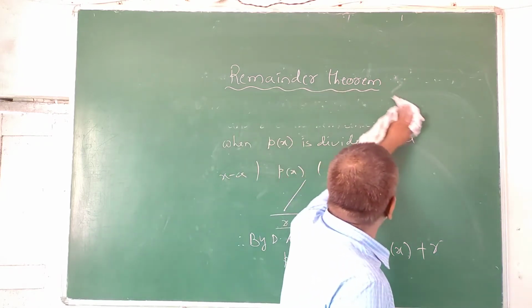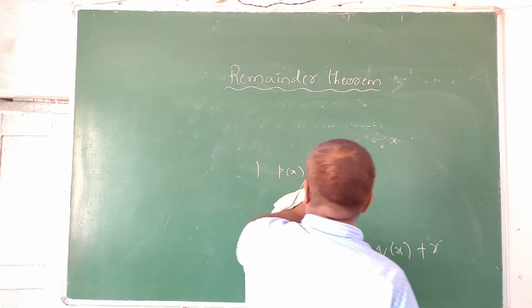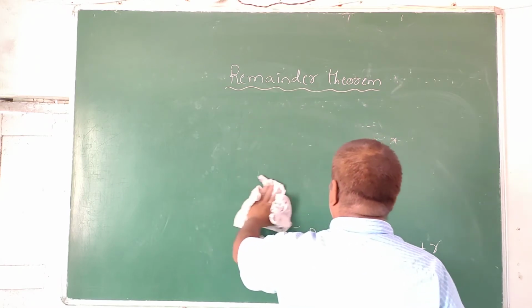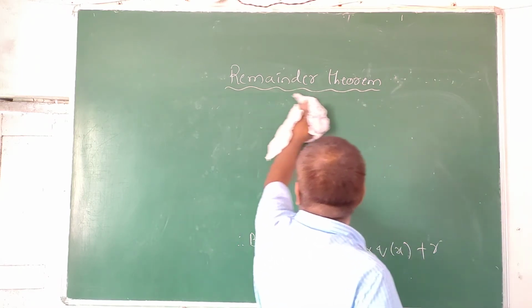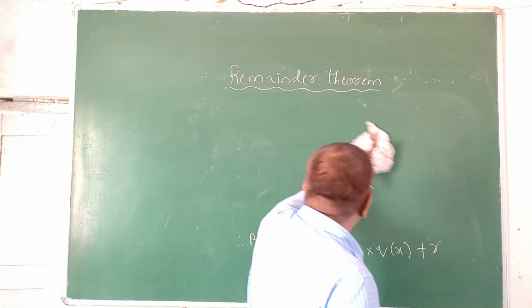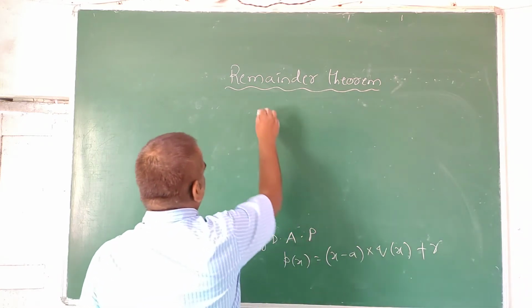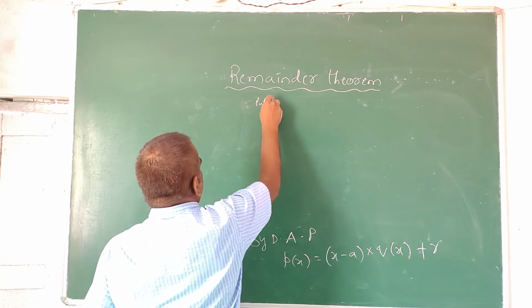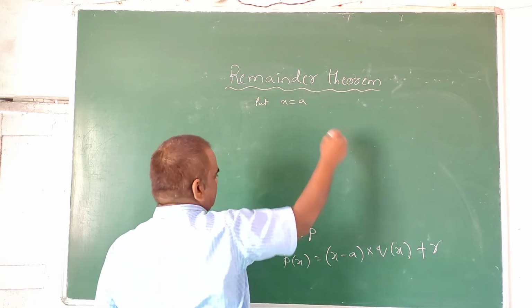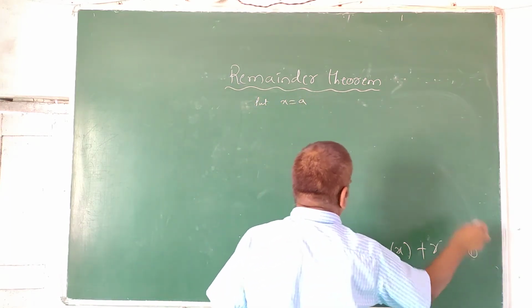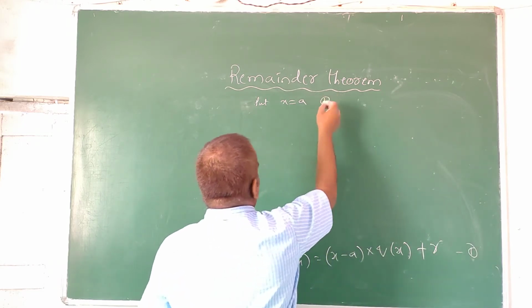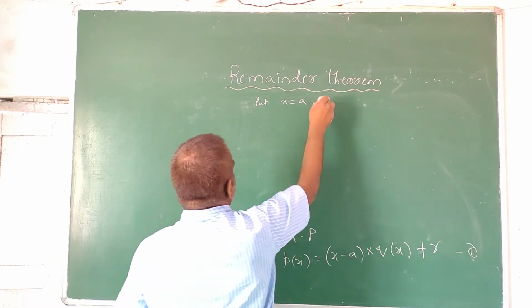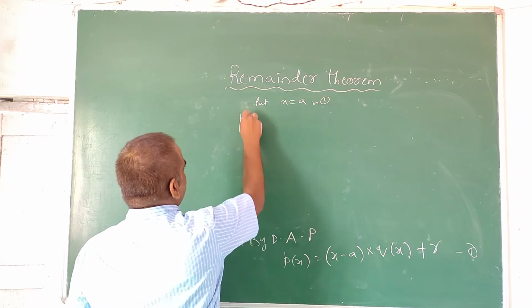Now the division process is finished. Now go for verifying p of a value. So now put x is equal to a in this equation 1. Put x is equal to a in 1. Then what do you get? P of a.